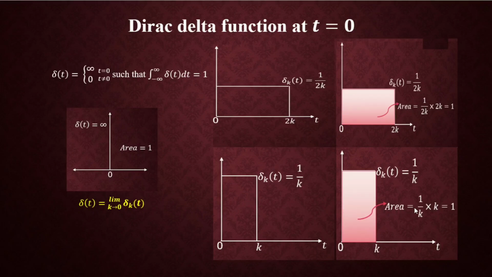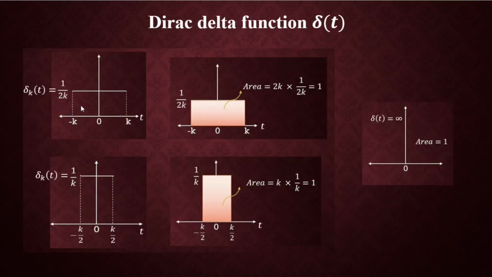Here also the area is equal to 1 by k into k, which is equal to 1. Now, when this width reduces to 0, this height becomes equal to infinity, maintaining the area equal to 1. So, del of t is equal to limit k tends to 0, del k of t.